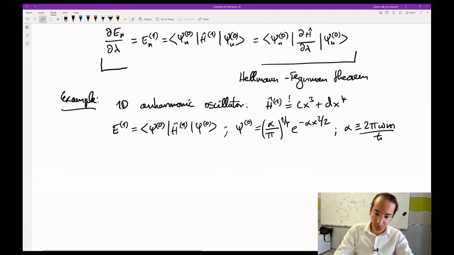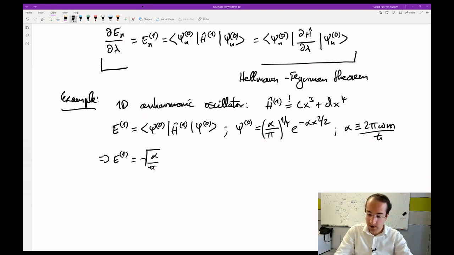Now we can plug this in, and our first order energy is exactly this expression that we have above. So that would be first alpha over pi, square root now, not to the power of 1/4, because we get two of those. So there's one from the bra and one from the ket.